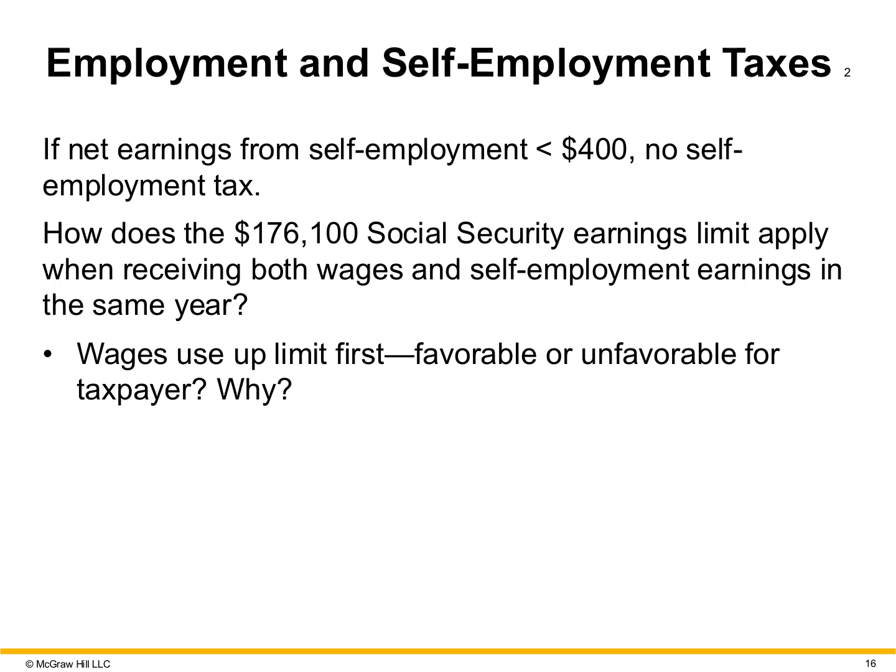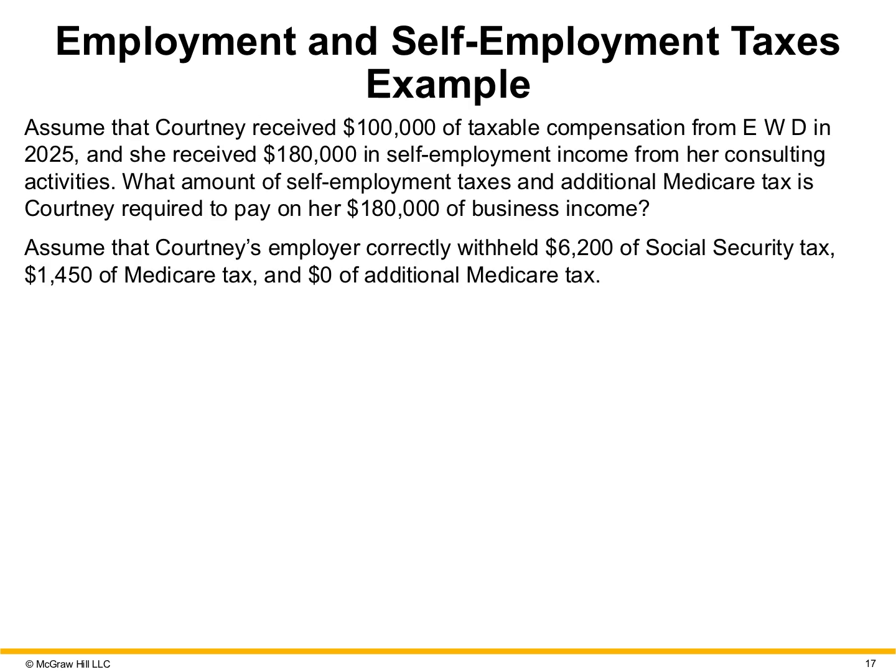And the reason why is because by letting the wages use that limit first, that is actually favorable for the taxpayer. It's because it allows them to use the limit when it is taxed at 6.2%, so that's the employee side, instead of the full 12.4% if they were self-employed. So let's look at an example that demonstrates this concept.